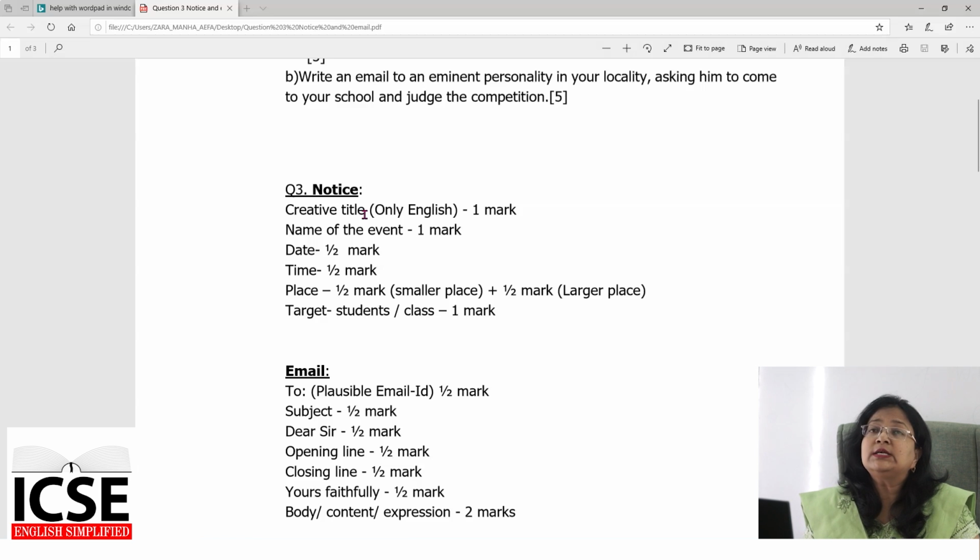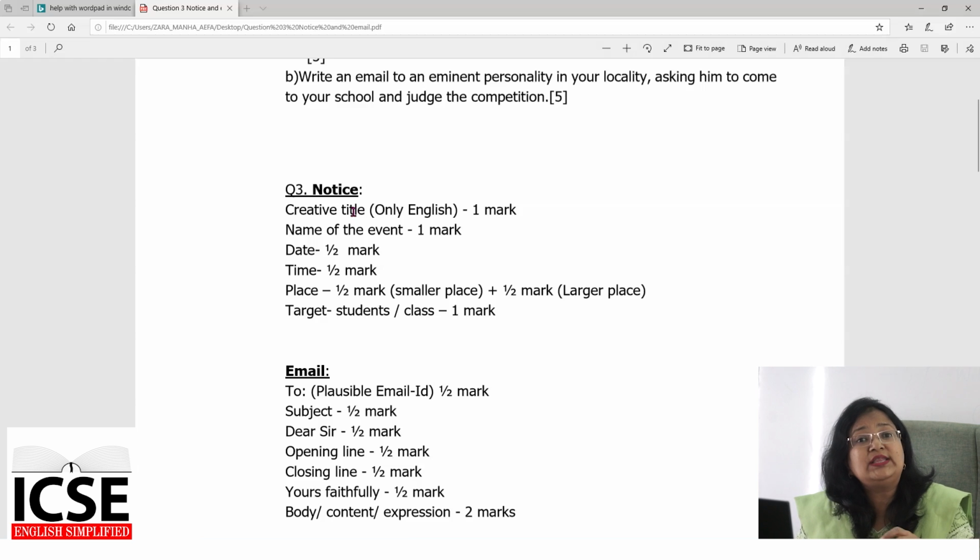Or if it is maybe a brain game, it shows something about a quiz competition. So likewise, it is important that a creative title should immediately connect with the event. So a good idea would be to write the creative title after you have finished writing the other important points of a notice.